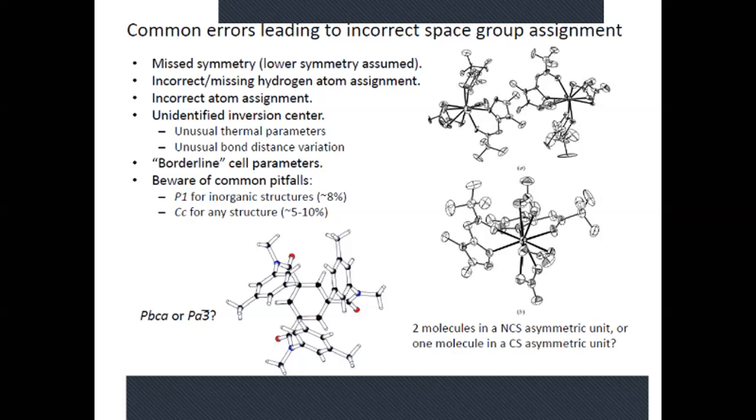Another thing is people like to solve inorganic structures in P1, but hardly anything crystallizes in P1 space group. Don't always assume that everything is P1. Also, for C-centered, a lot of times you want to solve it in Cc, but Cc is a very uncommon space group for crystal structures. Another common one is C2/c, which is one of the 5 most common for organic structures.